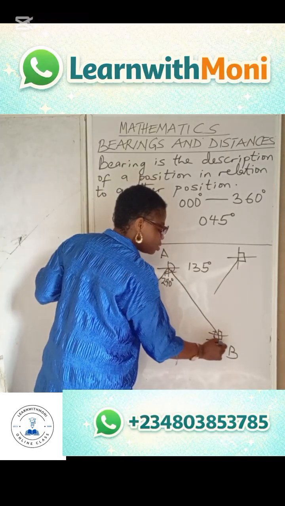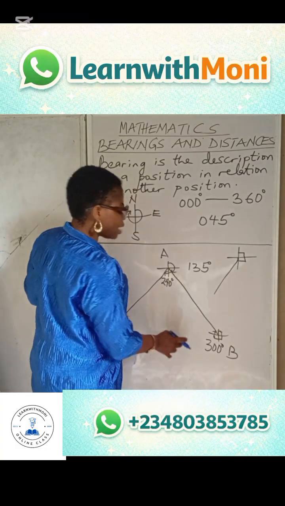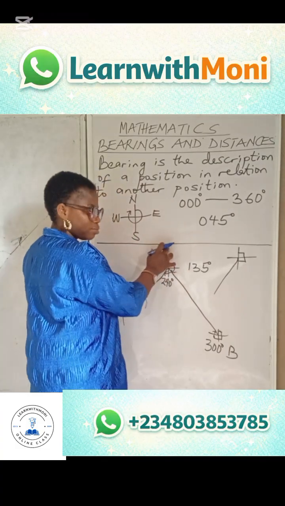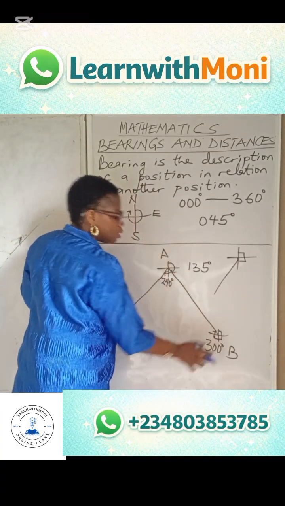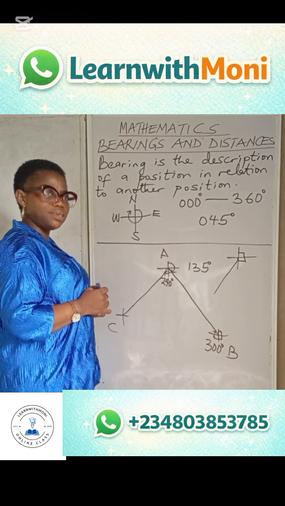Let's call it 300 degrees. So I can say that the bearing of town A from town B is 300 degrees.